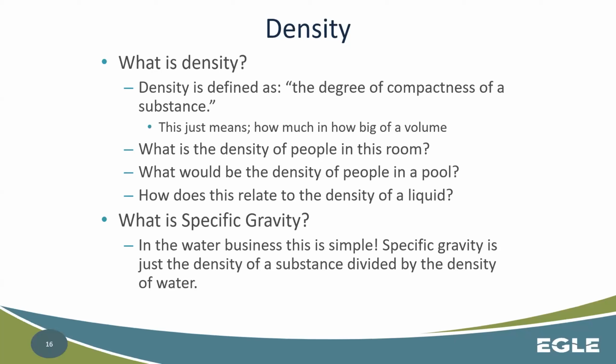So, for example, if I find the specific gravity of mercury, which has a density of around 13.6 milligrams per liter, and divide it by the density of water, which is 1 milligram per liter, that gives us a specific gravity of 13.6. So we can also be given the specific gravity of a certain chemical solution, and we can find its corresponding density because we know the density of water to be 1 milligram per liter. And this can change, the units of the density of water can change correspondingly.